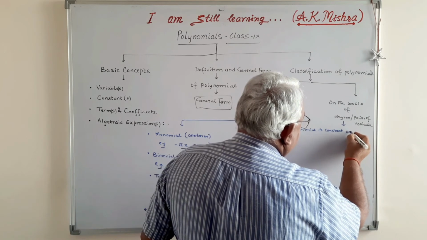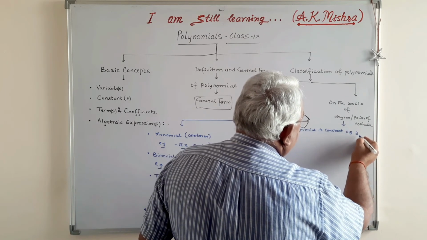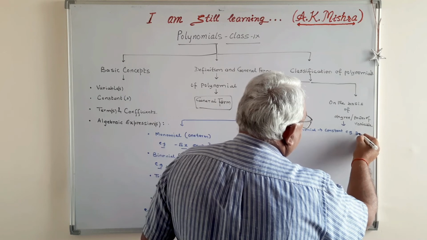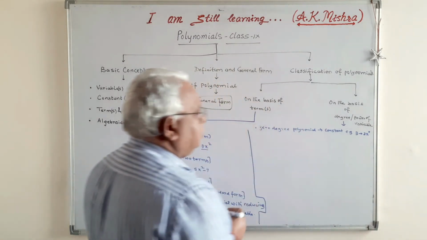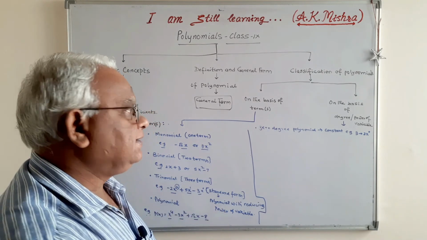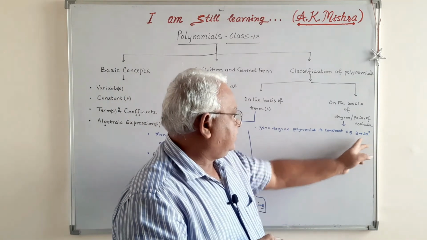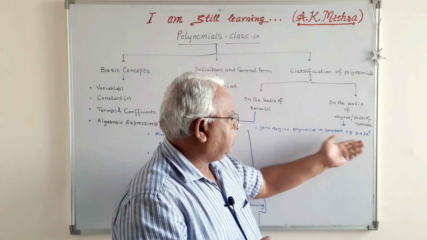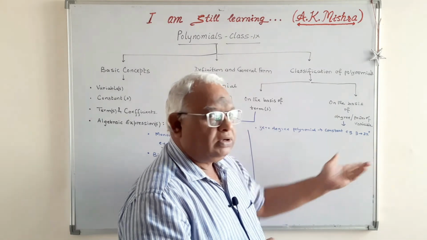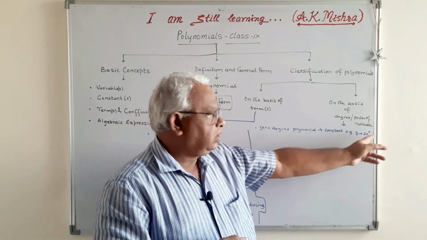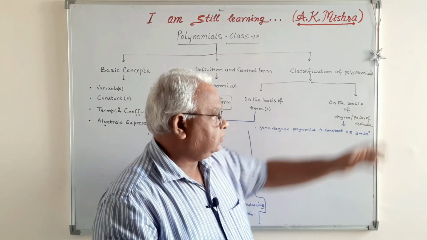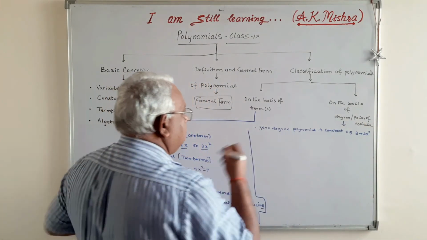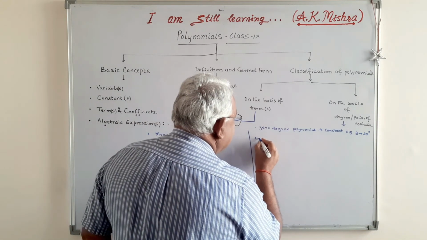For example, you have 3. This can also be written as 3x to the power 0. So any constant can be written so: if you are talking about a polynomial in x, you can write x to the power 0. If you are talking about a polynomial in y, you can write 3y to the power 0, and so on. Then we move on to linear.